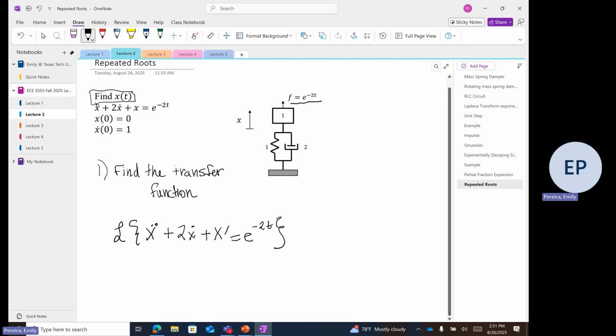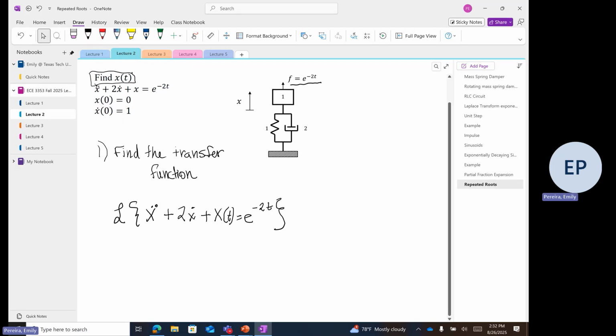So again, we're inherently implying that this x here is a function of t. We just simplify the notation and just write x, but inherently it is a function of time. So that's why we're taking the second derivative and the first derivative with respect to time.